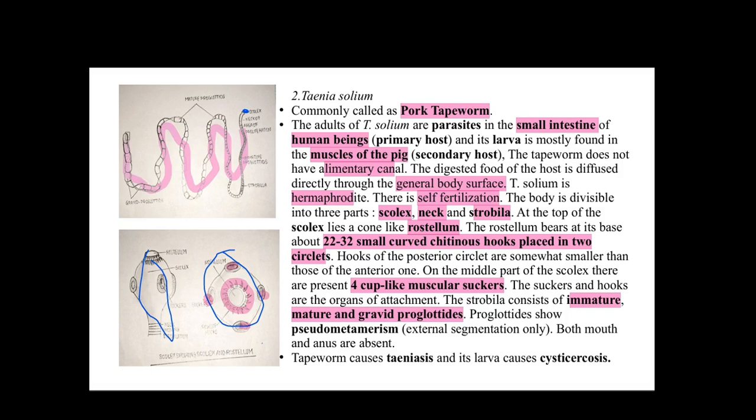Now these proglottids are divided into three parts. The proglottids which are near the neck are immature, the middle ones are the mature proglottids, and the terminal ones, which are far from the neck, are called the gravid proglottids.